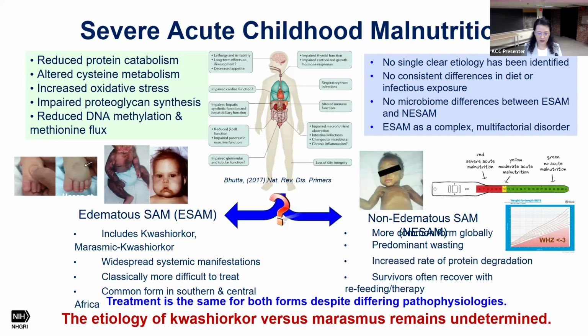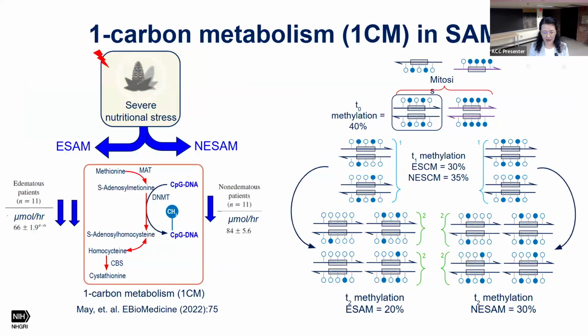Overall, the etiology of ESAM, which we also call kwashiorkor, and NESAM, usually called marasmus, we do not understand yet. Why they developed into those 2 types is unknown.